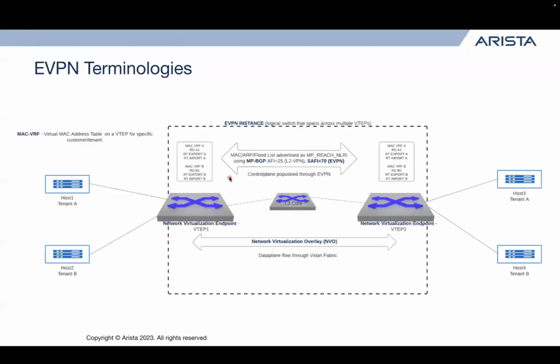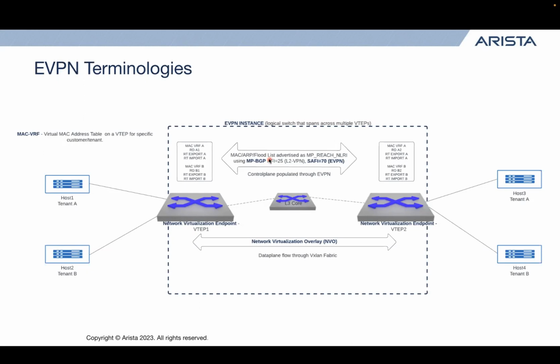Before we take a look at the topology, let's talk about a few elements that bring together an EVPN-VxLAN environment. EVPN utilizes multi-protocol BGP to advertise control plane information that is needed for packet forwarding within VxLAN. This control plane information includes MAC address reachability, ARP entries, flood lists, and IP prefixes.